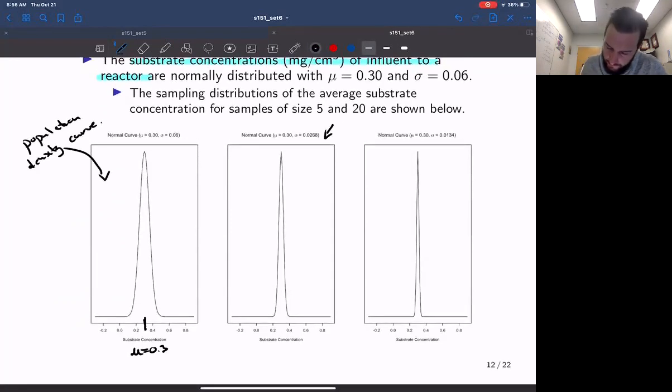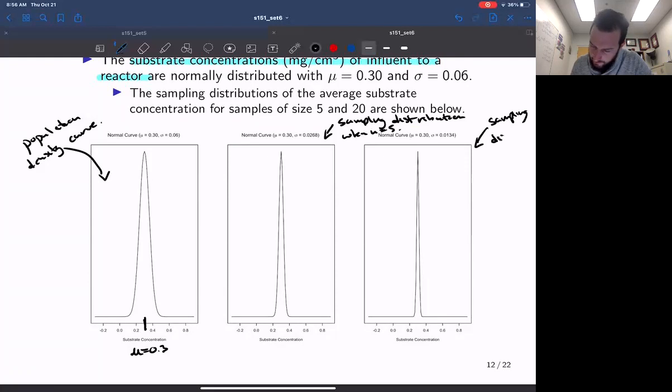So this is the sampling distribution when n equals 5. And this is the sampling distribution when n equals 20.